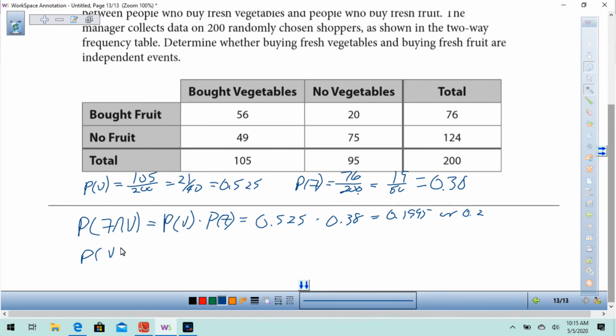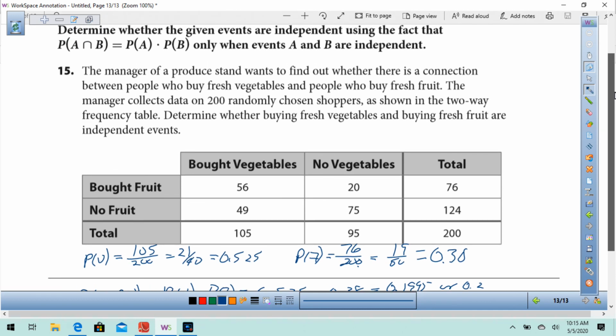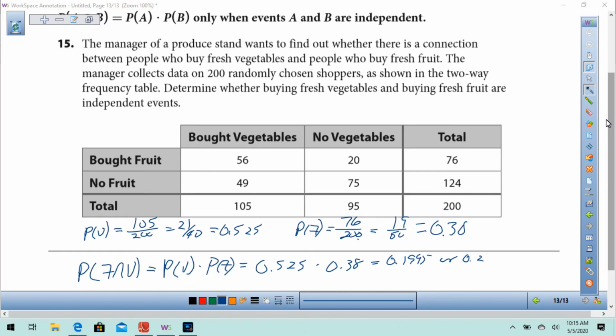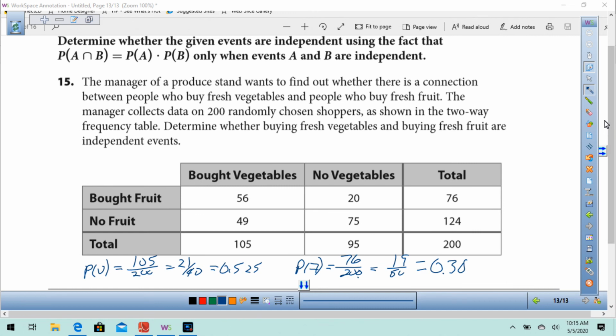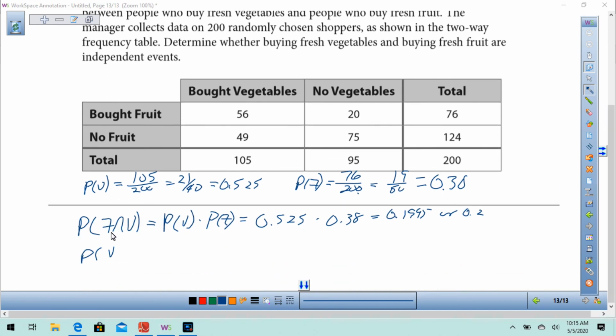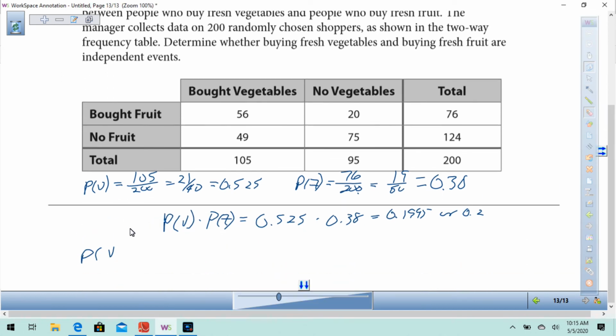Okay. Now, let's do the probability of vegetables intersection fruit. How did it want this done? We did that, but now okay. That's this right here. Now vegetables intersection fruit, where is that at?